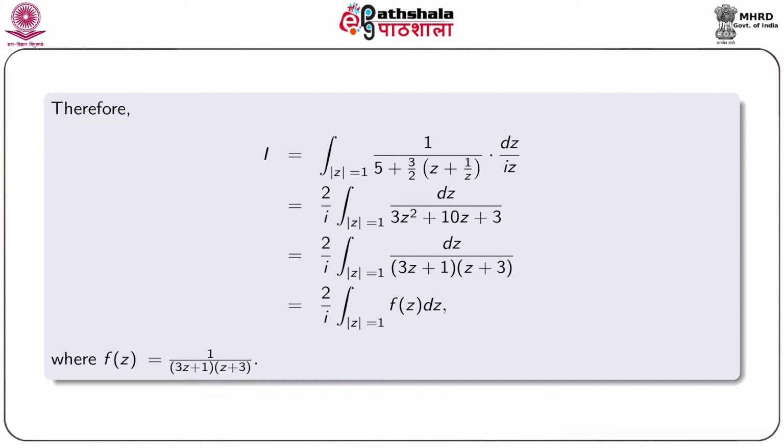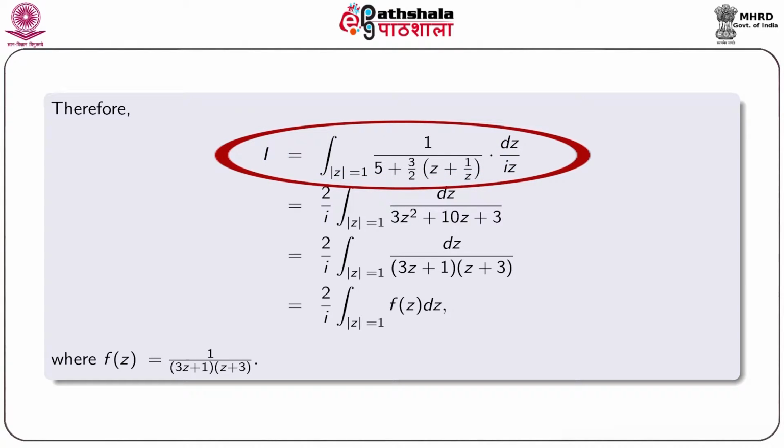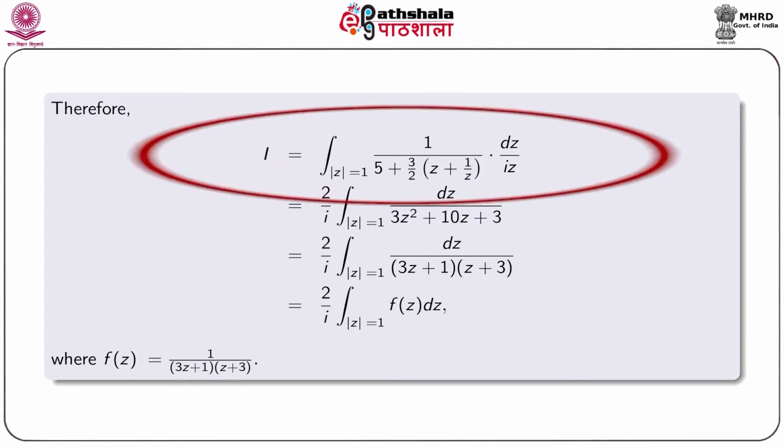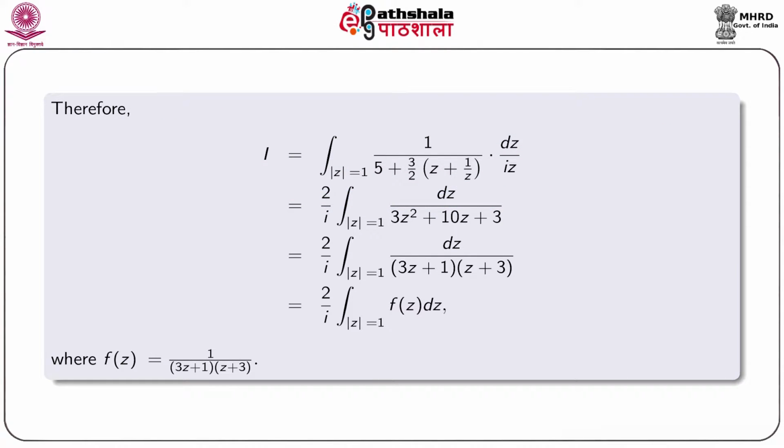Therefore, we obtain I equal to integral over mod z equal to 1 of 1 by (5 plus 3 by 2 into (z plus 1 by z)) into dz by iz, and this is equal to 2 by i integral over mod z equal to 1 of 1 by (3z^2 plus 10z plus 3) dz.